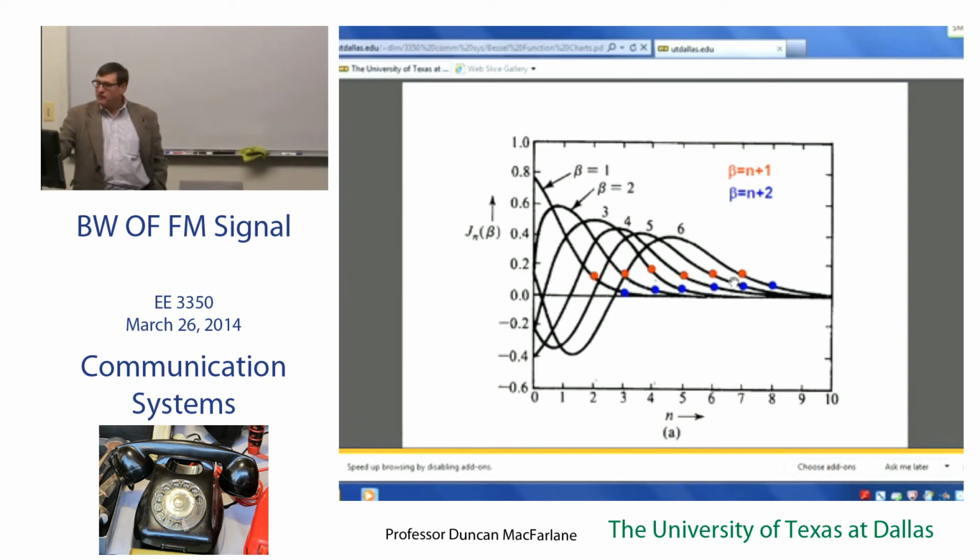The red dots are the n+1 dots. The blue dots are the n+2. So Carson's original rule is calling it negligible at this line here, and by keeping a little bit more, you're making it a tighter judgment.